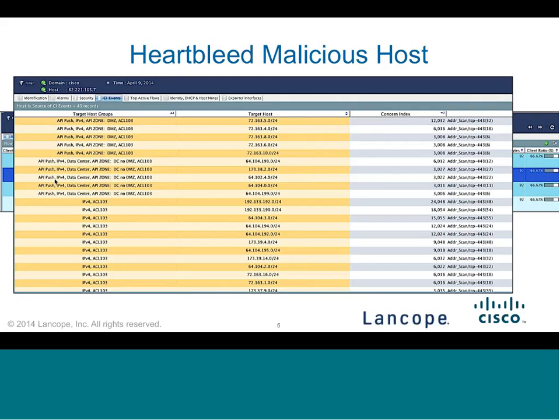So it's no surprise that when I actually look at the host snapshot and look at all of the alarms for that Shodan host, we actually see lots of alarms being triggered, and the concern index is pretty high, and we can see that it's been address scanning our 443 ports. So it's a really quick and easy way to verify that that is indeed a malicious host. And then at this point, it's easy for us to throw a BGP black hole in and cut off communication for that host across all of Cisco.